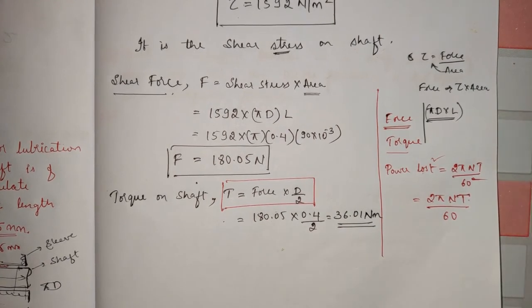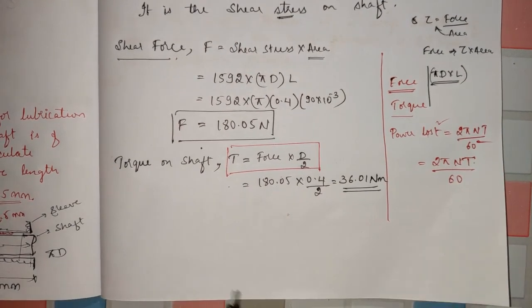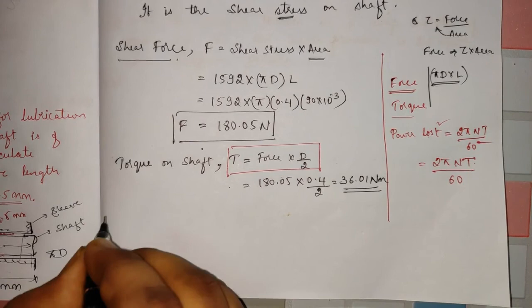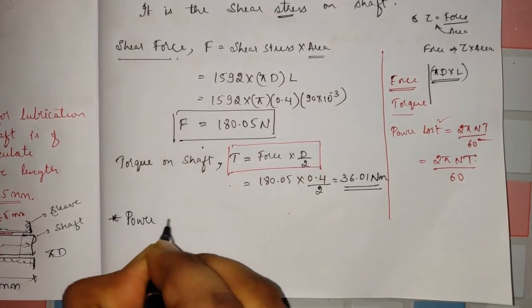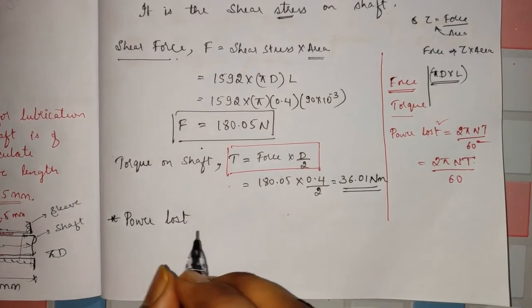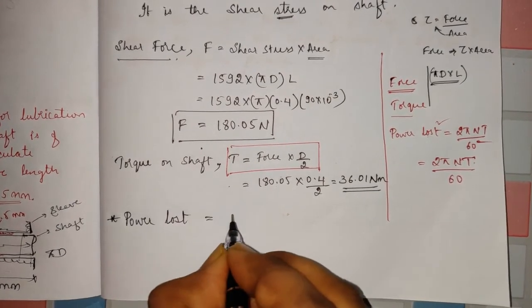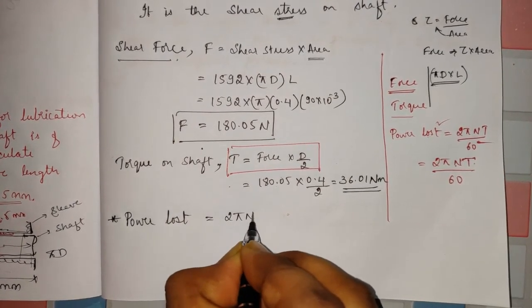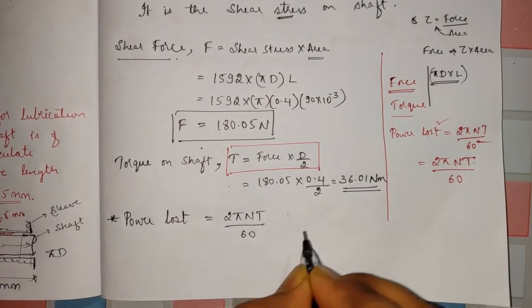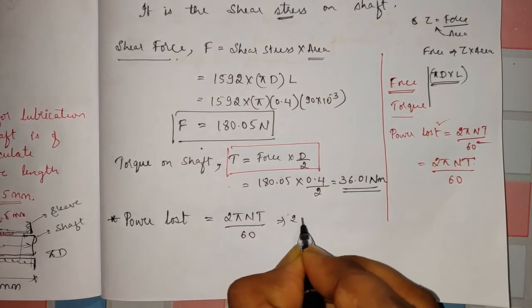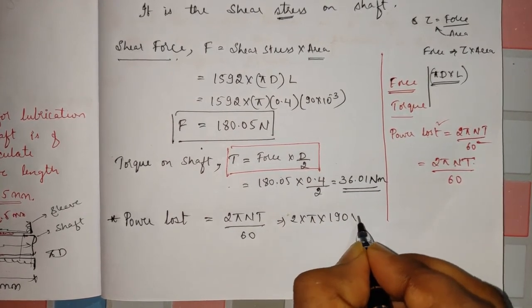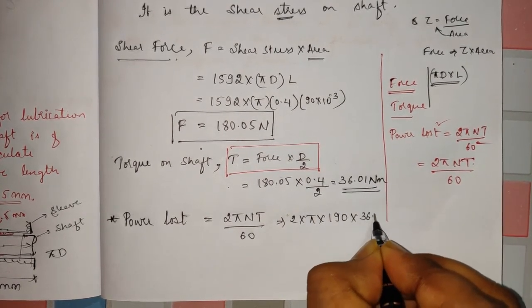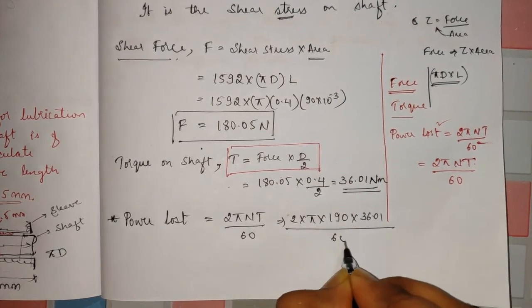Now the main concept which the problem was framed to find is the power lost. Power lost I will calculate. That is nothing but 2 pi nT by 60. So 2 into pi into 190 into torque 36.01 divided by 60.